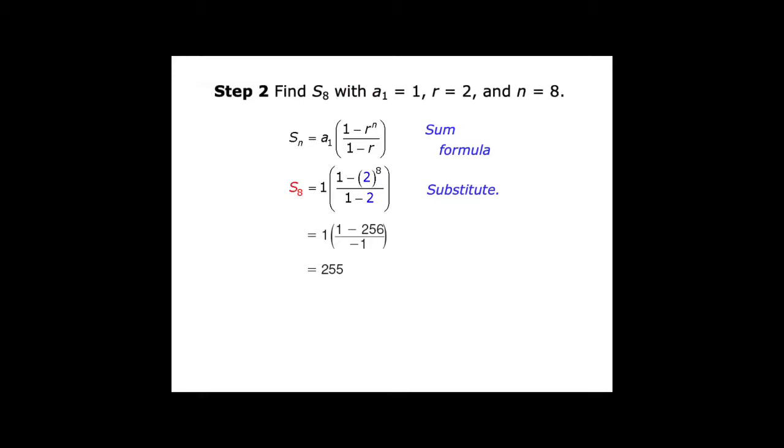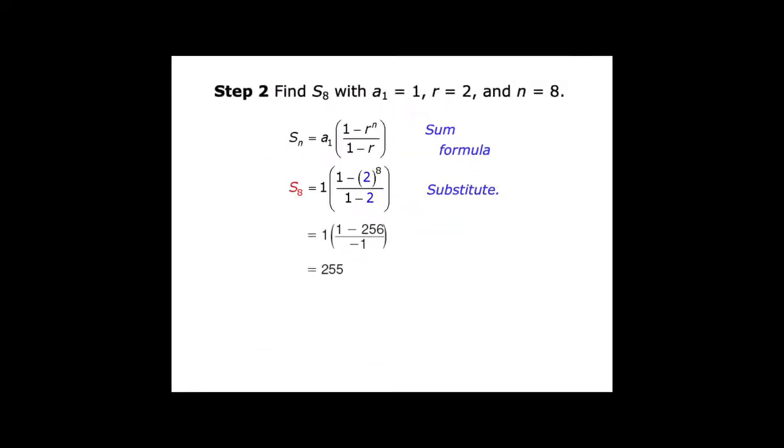So then you plug in s sub 8 for s sub n, and 2 for your r, and 1 for your a sub 1. And then when you work that out, you'll get 255.